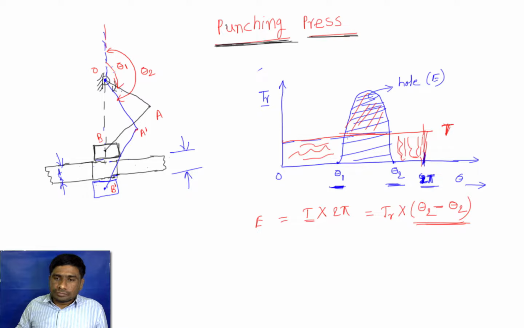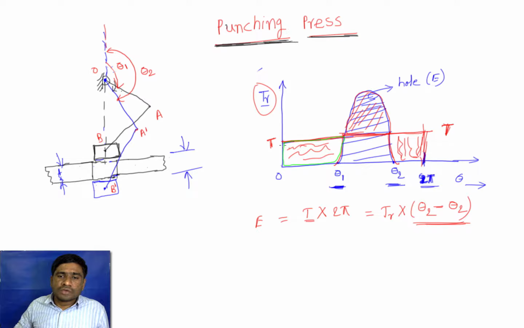But here we need extra resisting torque, while the motor is providing this energy continuously. For example, if you forget about the resisting torque, and this is the torque provided by the motor, that means the area is this one, and from that area we have unused energy areas.